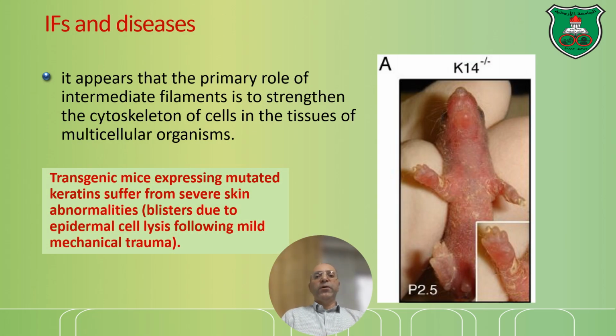Just to show you examples of the importance of intermediate filaments. In one famous experiment, one of the intermediate filaments was mutated in mice, and that resulted in the development of blisters, of injuries to the skin.